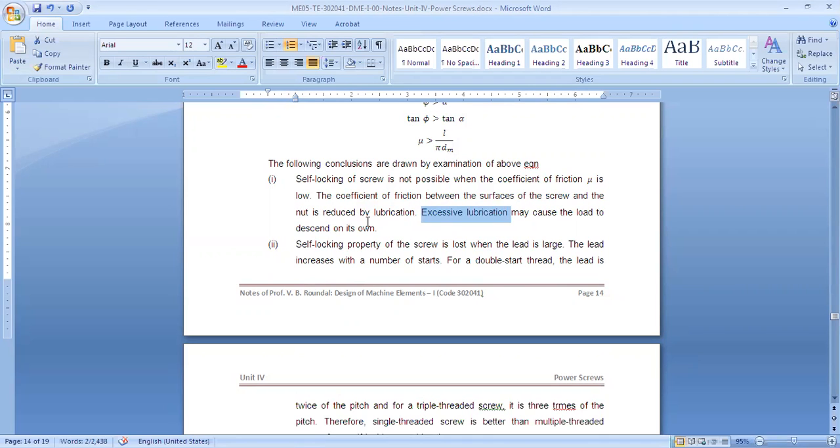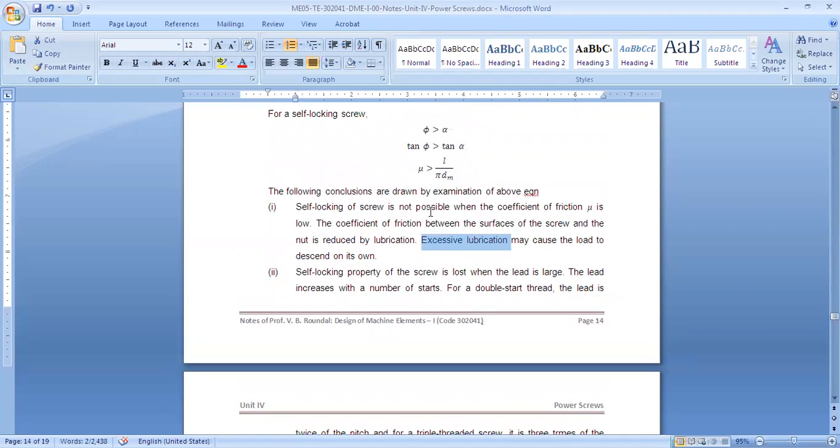And one more thing. This is also tan alpha, the coefficient of friction is greater than tan alpha, which is L upon pi dm. If your lead is too big, then this right hand side becomes big and this equation will not be true. If it is a multi-start thread, two start or three start, the lead will be 2 times the pitch for a two start thread, or 3 times the pitch for three start.